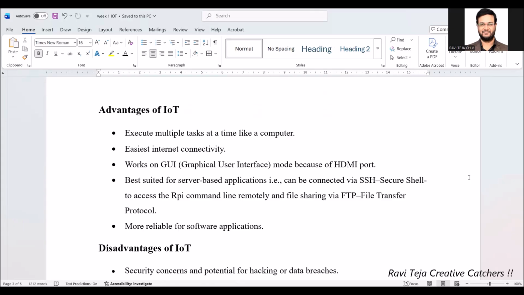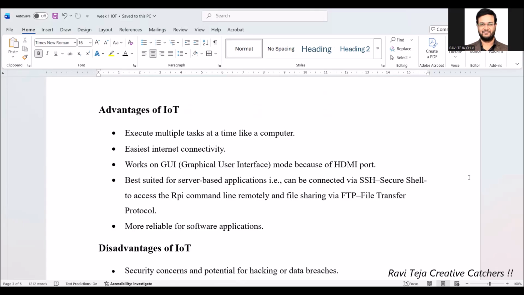And the third advantage is that it completely works on GUI, graphical user interface mode, through the HDMI port. You can also connect a monitor or screen through the HDMI port, and you can visually see the web application, web apps, or whatever data is gathered through the sensors. All those things can be monitored over a beautiful user interface.